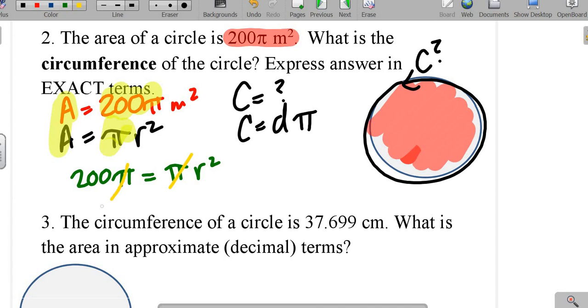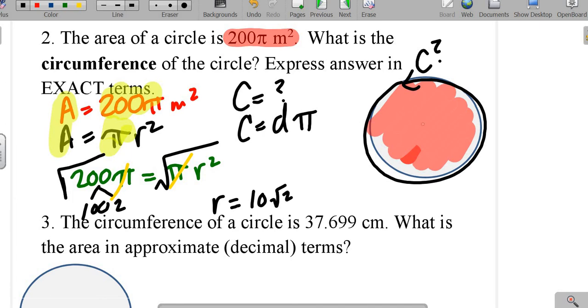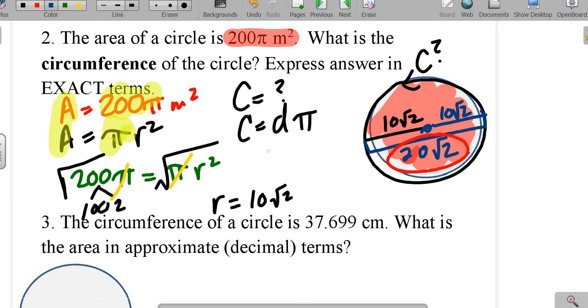If I divide both sides by pi, they cancel. So I'm square rooting. I have 100 times 2, which means my radius is going to be 10 root 2. Which means my diameter all the way across is going to be 20 root 2. So my circumference here is going to be 20 root 2 pi meters. Express your answer in exact terms. Guess what? You're done. Ta-da!